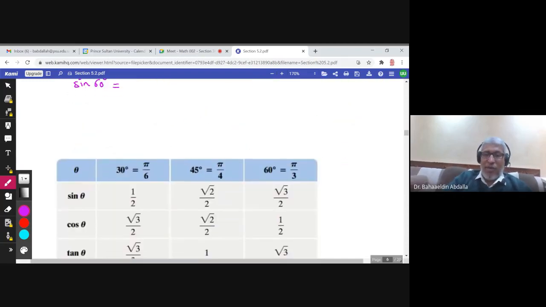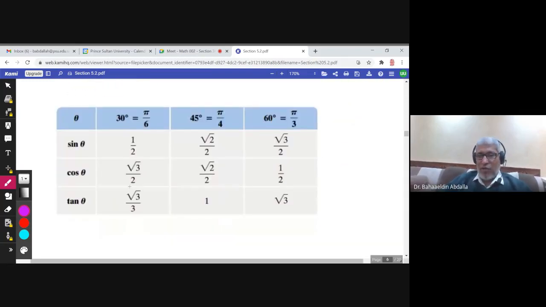This is another way, if you want to memorize these trigonometric functions. You can write a table like this. You can start with the smallest, 30, then 45, then 60, and sine, then cosine, then tan. You can write a fraction like this for sine and cosine, and put always 2 in the denominator.